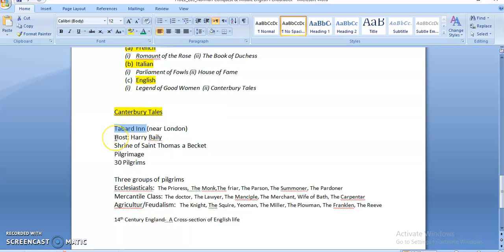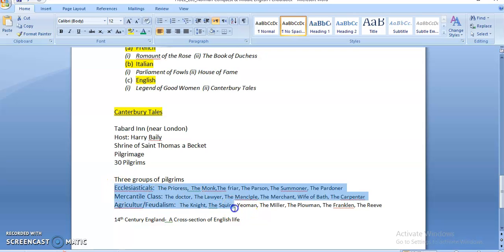So the host or the owner of this Tabard Inn was Harry Bailey. When he saw 30 pilgrims who represented different cross sections of English life, there were ecclesiastical characters like the prioress, the monk, the friar, parson, summoner, the pardoner, and there was a mercantile class, the doctor, lawyer, the merchant, wife of Bath, etc. And then people representing agriculture and feudalism, the knight, the squire, yeoman, the miller, the plowman, the franklin, the reeve, and a few other characters which I just didn't mention here.